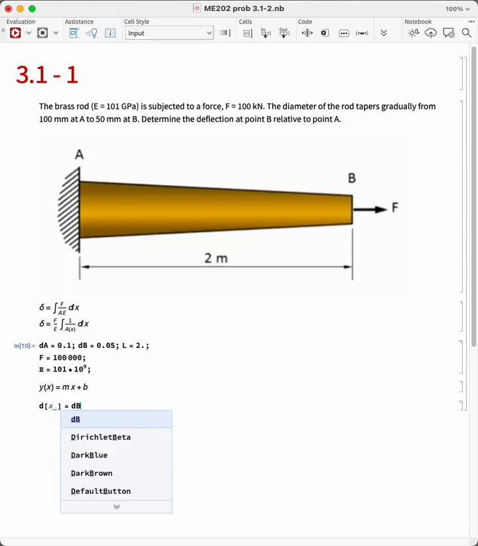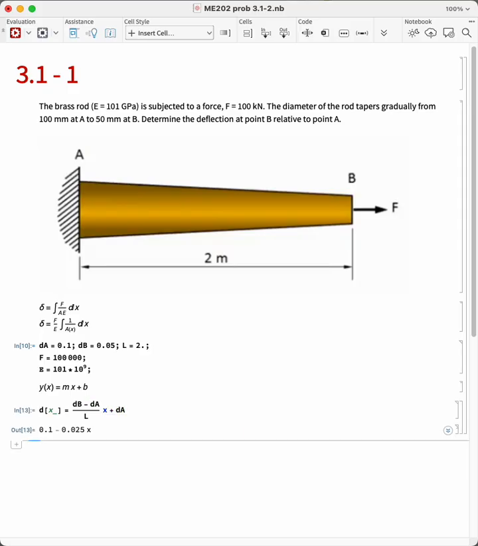So that's dB minus dA, divided by the length L. So there's my slope. I'm going to multiply that by x plus the value of the diameter at x equals 0, that's dA. So there's my diameter as a function of x. The area then as a function of x is just equal to pi over 4 times that diameter squared.